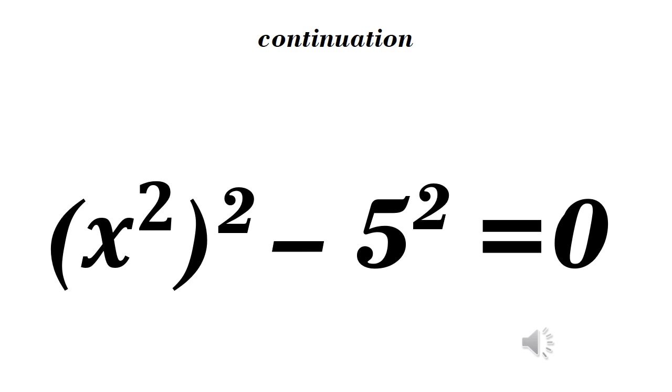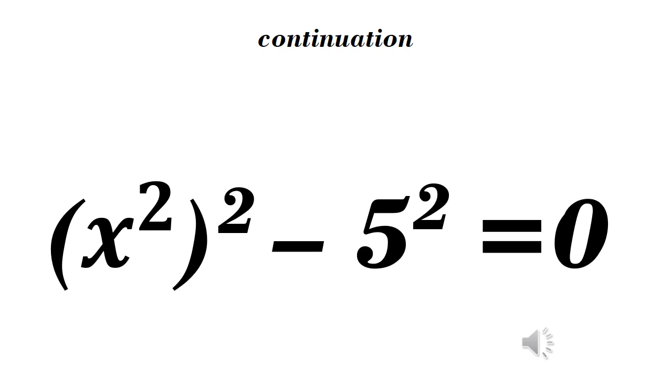Now if you collect the like terms, that is bringing 5 squared to the left side, or add minus 5 squared to both sides, what you are going to have is the minus 5 squared and plus 5 squared will cancel each other, and then we'll now have x squared raised to power 2 minus 5 squared equals 0.